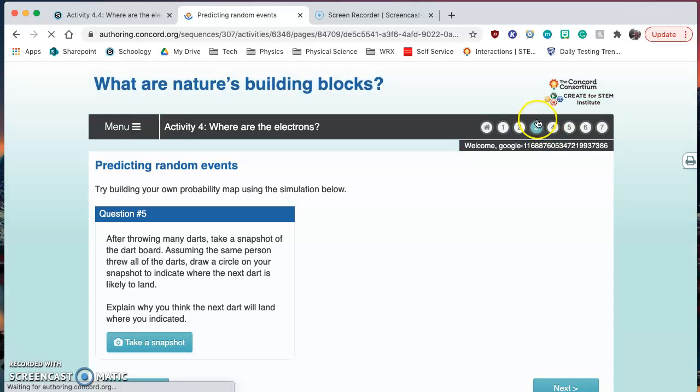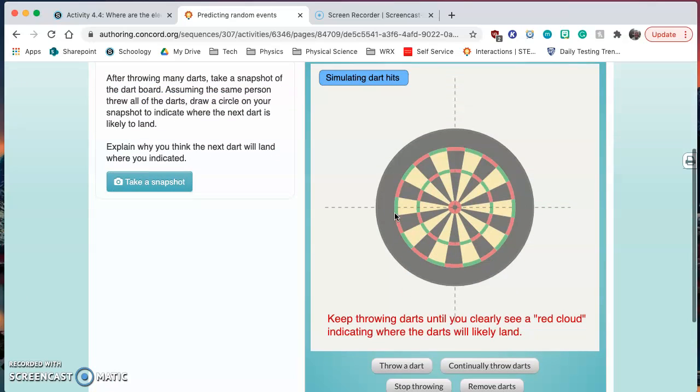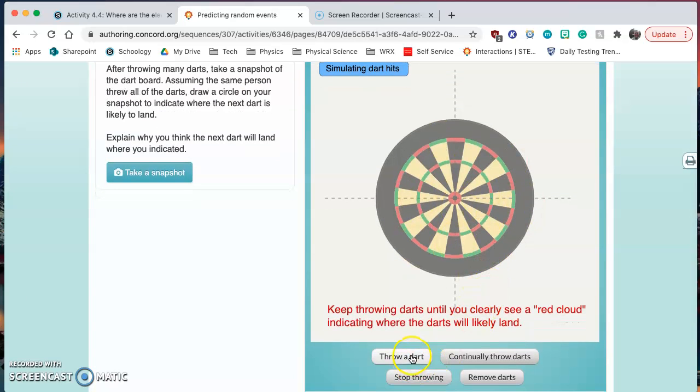And getting into this first simulation, like I said, it's going to show you a similar concept. You've got one button here to throw a dart, and those darts are going to show up as red dots. There is a button here to continually throw, and it will do it at a faster rate. As you continue to throw darts at this dartboard, I want you to continue to a point where you see a different message down here, and it will actually start to shade.